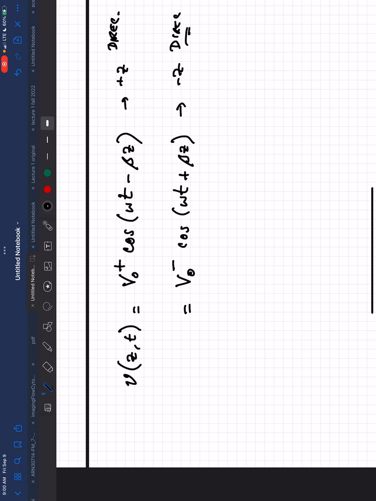It's just mathematical shorthand, so don't try to understand it. In the phasor notation, this whole thing is just called V plus z of t.